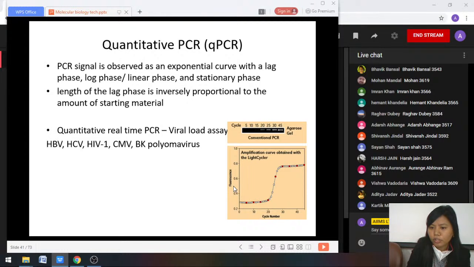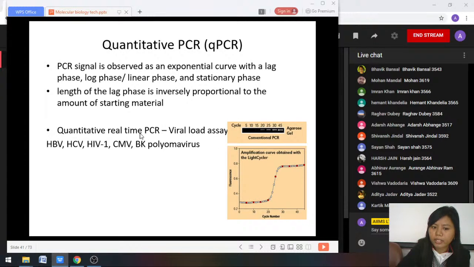Real-time PCR also has another advantage. Other than giving detection at the same time, it can also be used for quantitating your molecule, right? This DNA molecule can be quantitated relative to the template DNA that you have added. Based on it, you can give the viral load, or the load of your DNA or RNA in the original sample submitted, right?